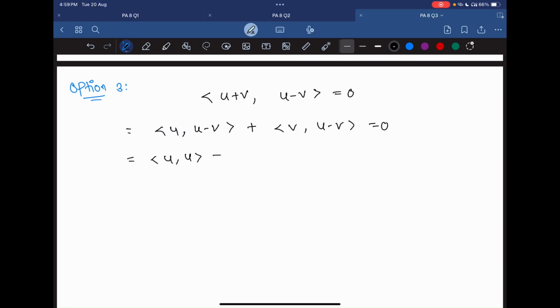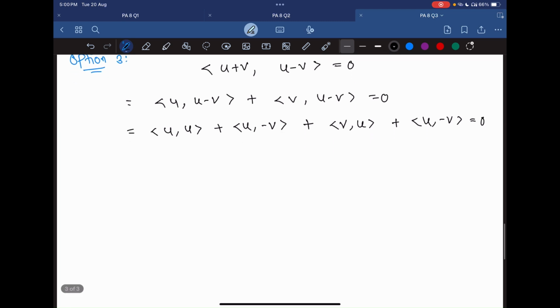Okay, let's keep it as U with negative V. Now here we are multiplying with negative 1, and again we can use the bilinearity property.